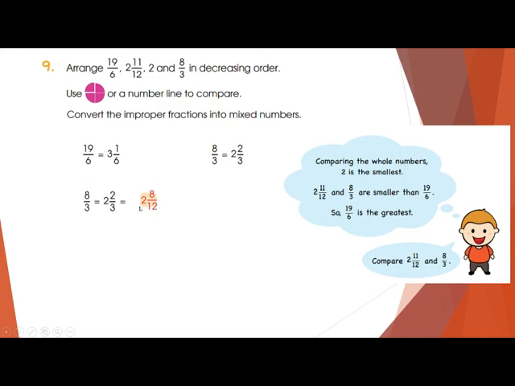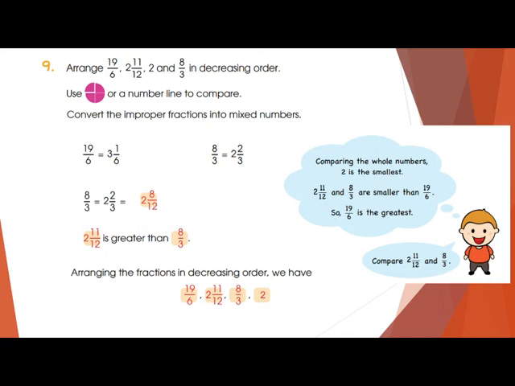So you can write 2 whole 11 upon 12 is greater than 8 upon 3. Arrange the fractions in the decreasing order. So we can write 19 upon 6, 2 whole 11 upon 12, 8 upon 3.